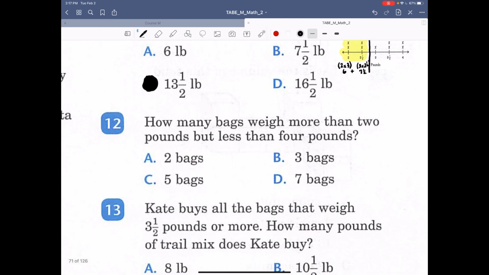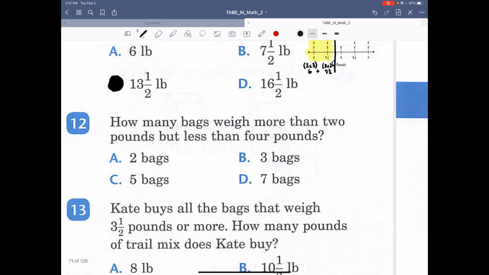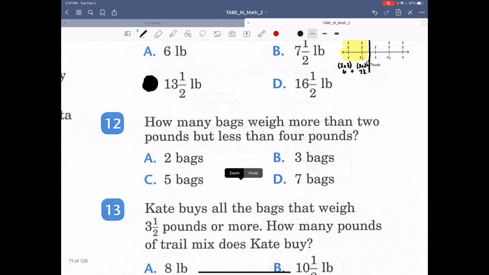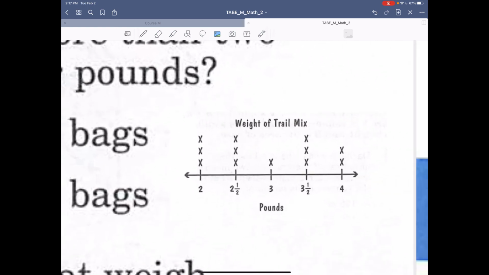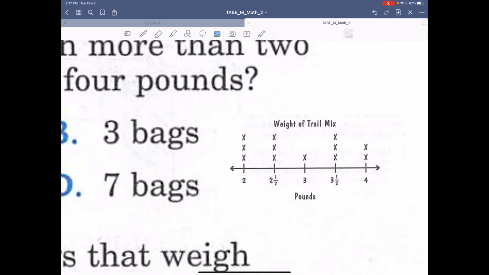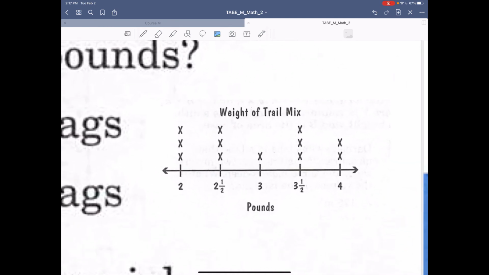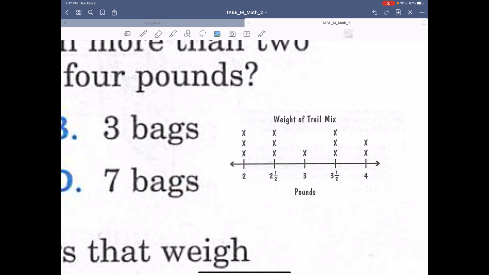Number 12. I like this one. I'm glad they put one of these in. I'm going to make it small to get it in here, but that's okay. How many bags weigh more than 2 pounds, but less than 4 pounds? This is an interval with a very fixed definition, so be careful here.